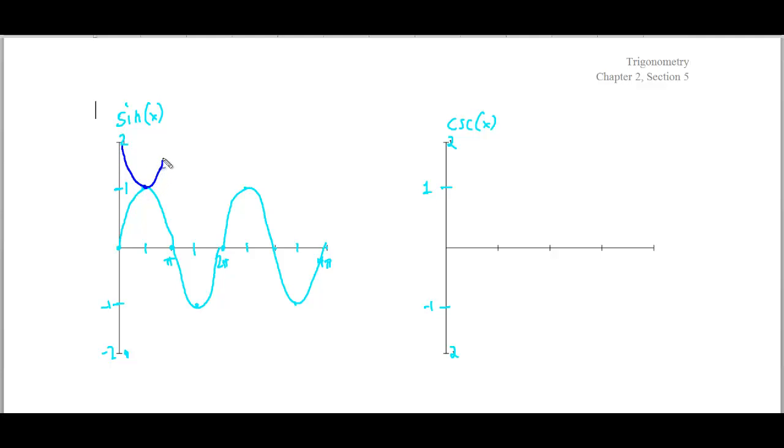a U with an asymptote line at pi, and this dark blue line is going to be my cosecant. There it is, and there's my asymptote line. This graph will not touch this asymptote line. It'll get infinitely close to it, but never cross it.